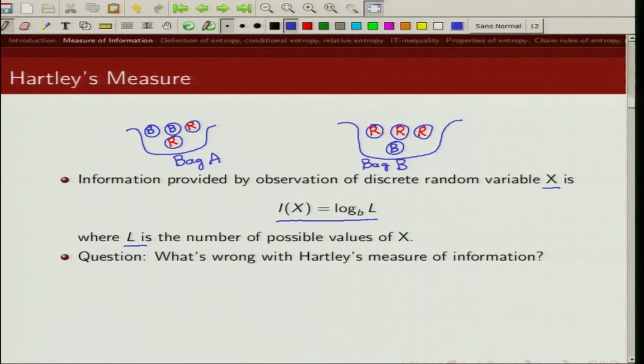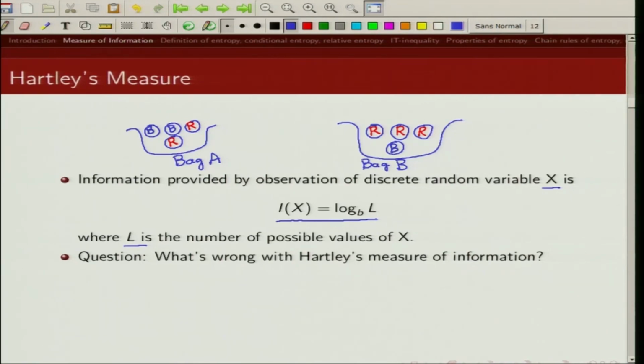So clearly bag B has less information, because the most likely ball that I can guess coming out of bag B is a red ball, because there are more red balls than blue balls, whereas in bag A blue balls and red balls are equally likely.